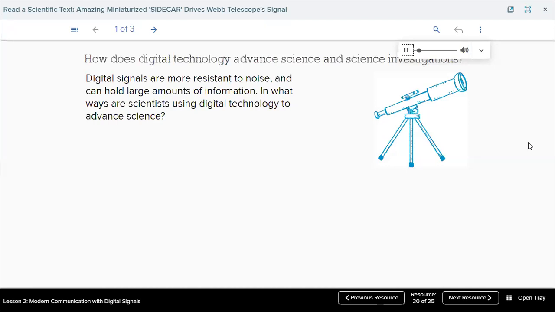Digital signals are more resistant to noise and can hold large amounts of information. In what ways are scientists using digital technology to advance science? Listen to it again.